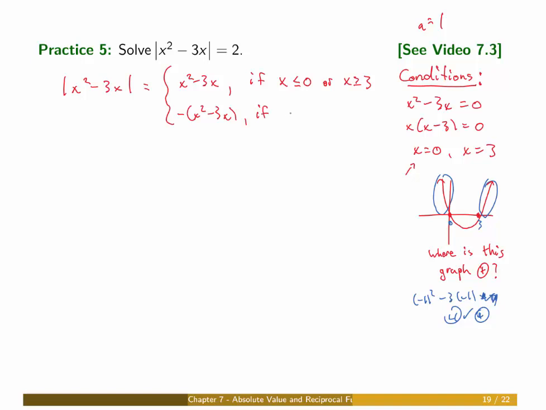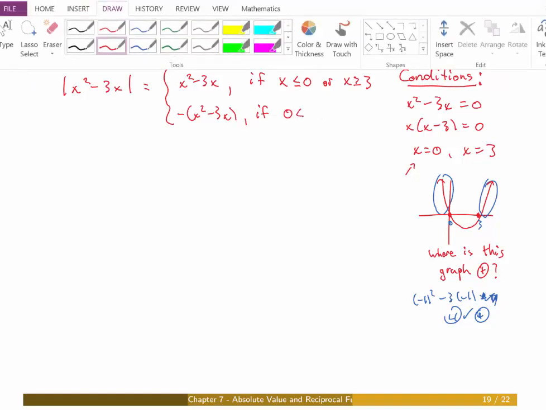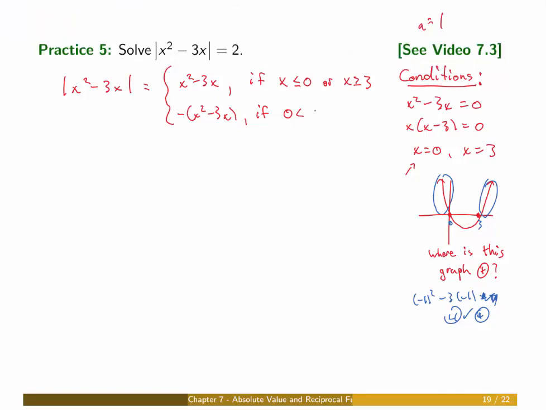And the opposite condition is when you're in between the values. So hopefully that makes sense. Of course, you can do it without sketching. You can plug in values to the left and right of both of these x-intercepts, and then you'll see if it's positive or negative. But I think graphically is pretty easy.